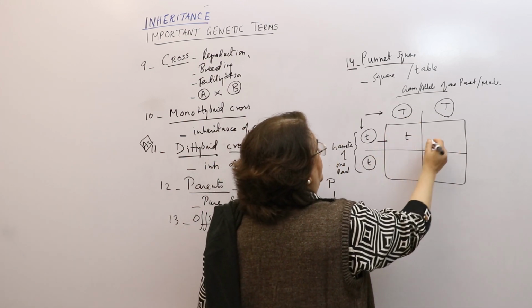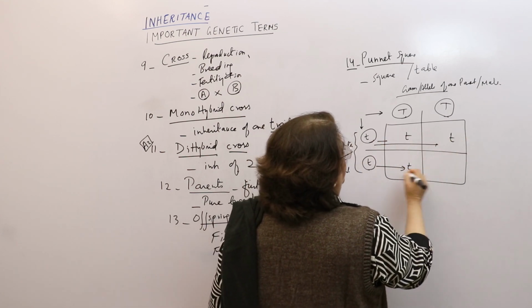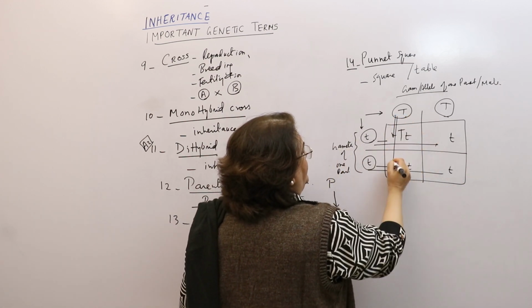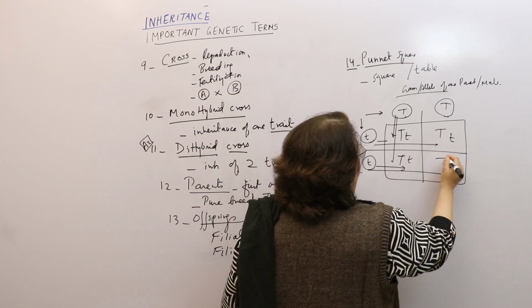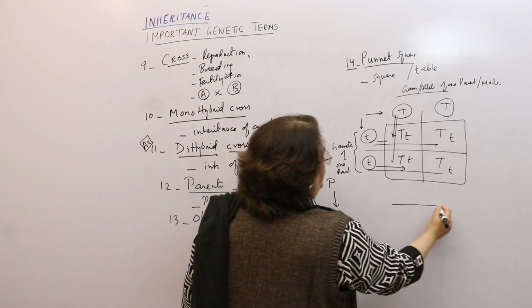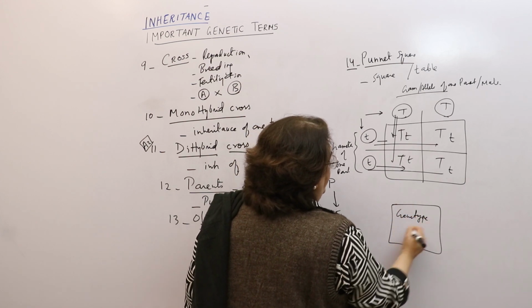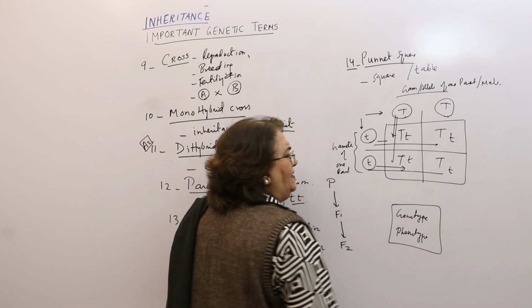In each box, you get the respective genotype, and you place the phenotype in the same box.